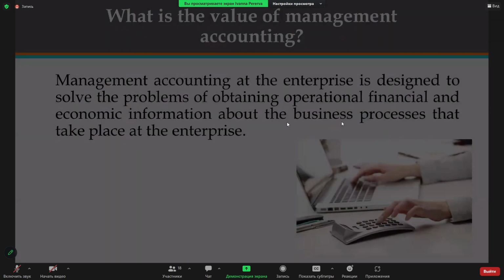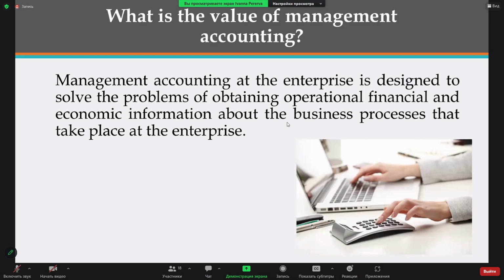Let's click on. So, as you can see, management accounting at the enterprise is designed to solve some problems of obtaining operational, financial, and economic information about your business processes that take place at your company. And management reporting has its own peculiarities.